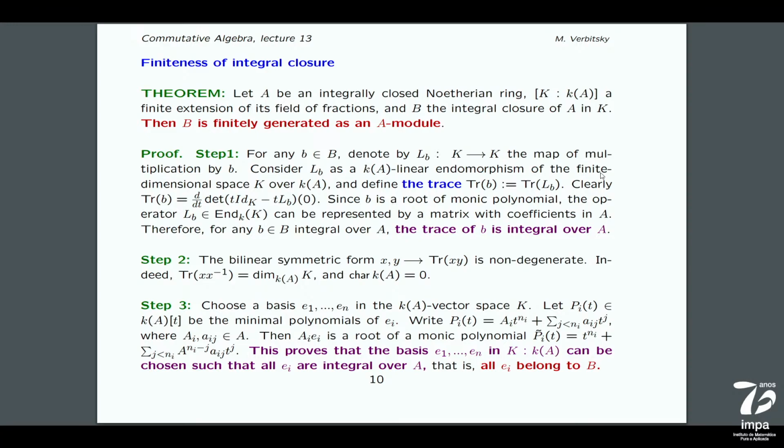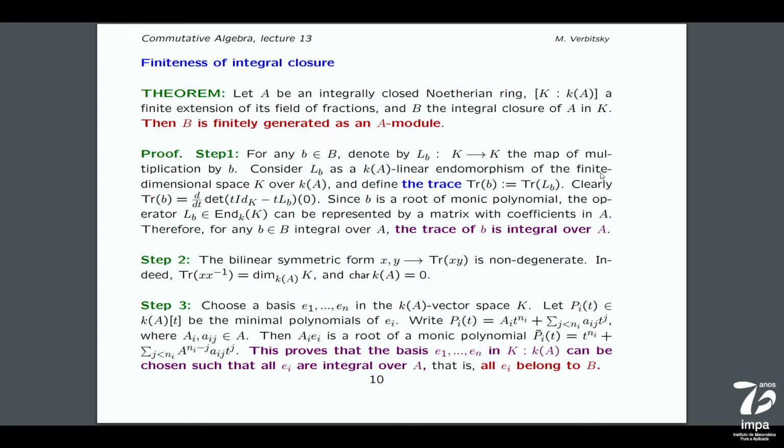Today I will prove part of it, that if you have an integrally closed Noetherian ring and you have its finite extension, then the integral closure, the set of all integral elements in this finite extension, is also finitely generated.